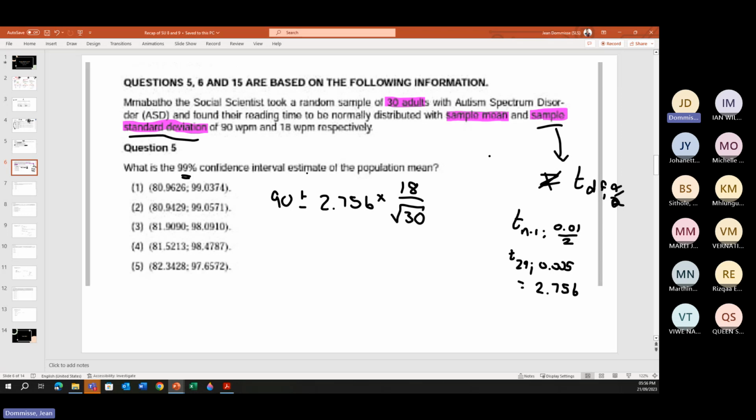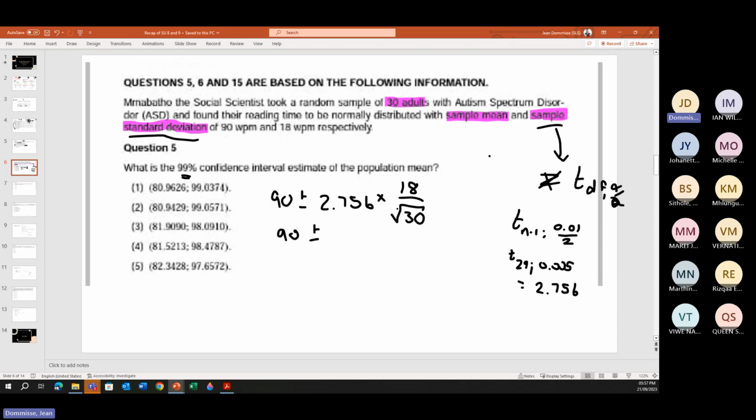Okay, so that is our formula. Let's quickly just check. So 90 will be in the middle. If I look at this, yes, both can be 90, so 80, 99 can be 81, 98. Okay, so there's none of these that by just looking at what I need to calculate can just eliminate, unfortunately. So we will need to work this out.